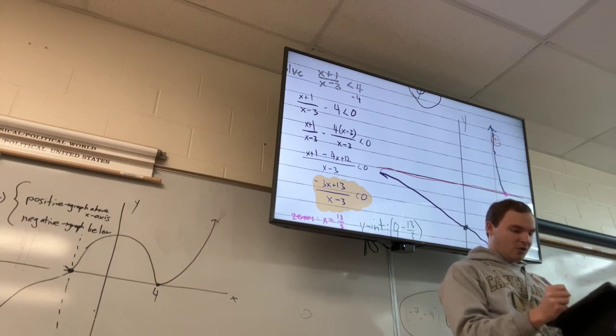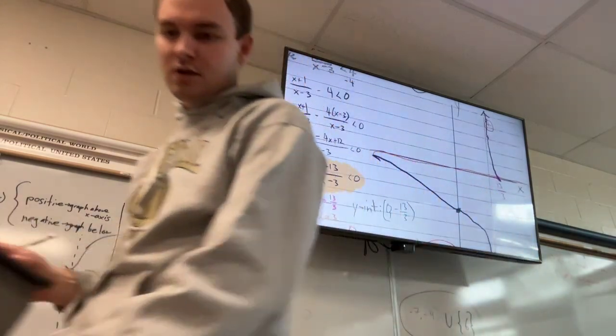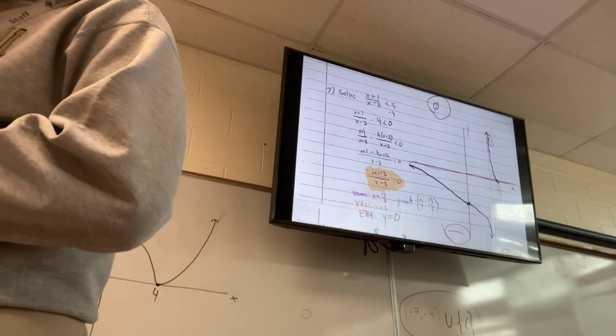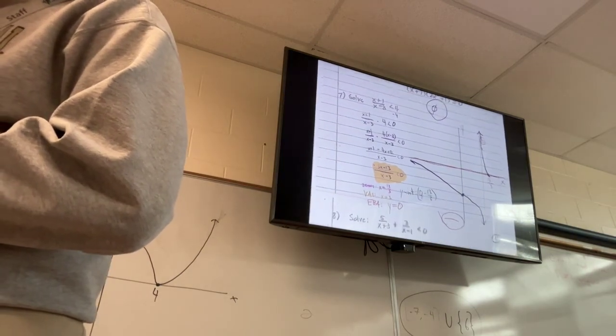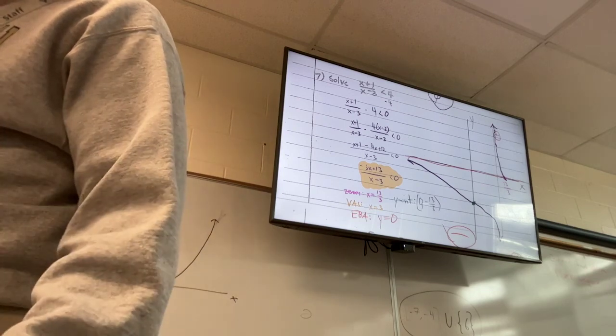Then it comes down through here, crosses my 0. I think it crosses that 0.